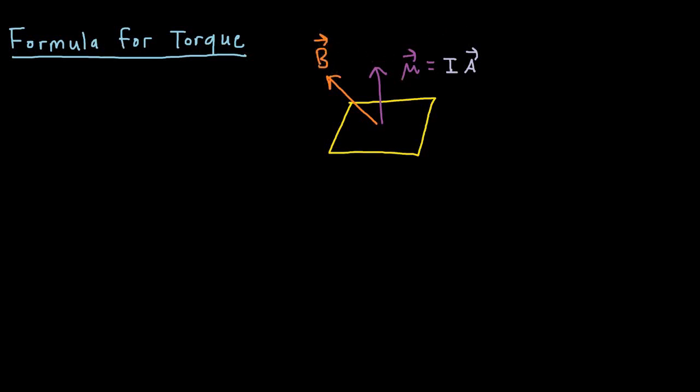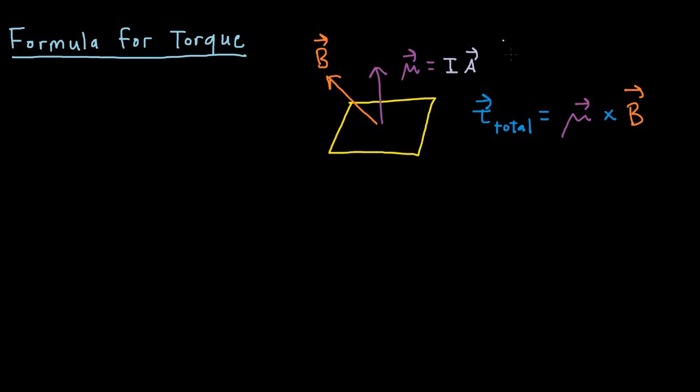So, if you have this square loop of current with a magnetic moment of I times A, where I is the current, and you just have this arbitrary external magnetic field B, then the total torque is just equal to mu cross B. This is the main result I wanted to show.